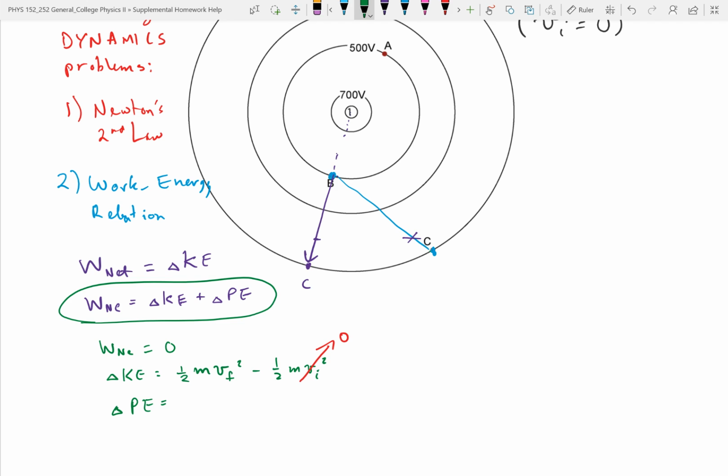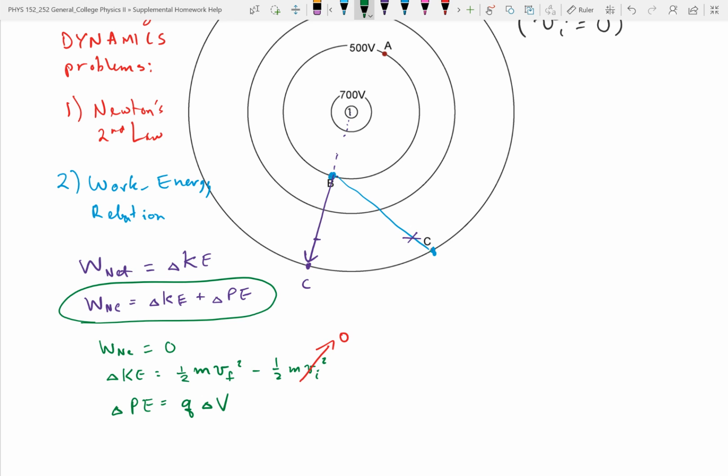That would be mgh if it was gravitational. Right, that's why this is new. It's the only thing that's new because it's a different potential energy. Yes, qE, I remember this one. That's exactly what it is: q times the change in voltage.